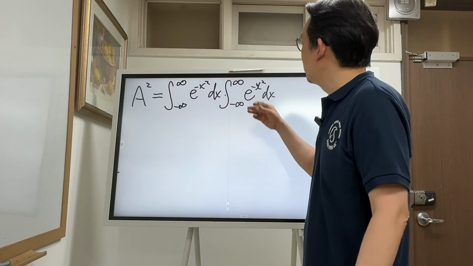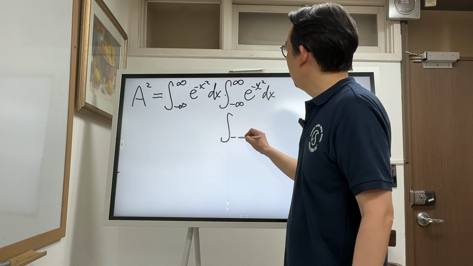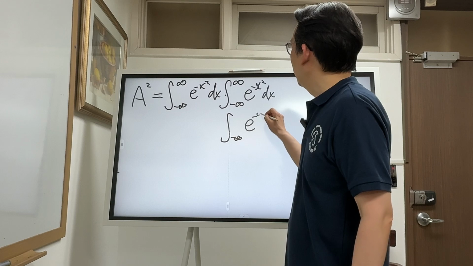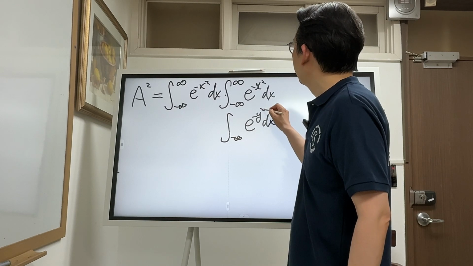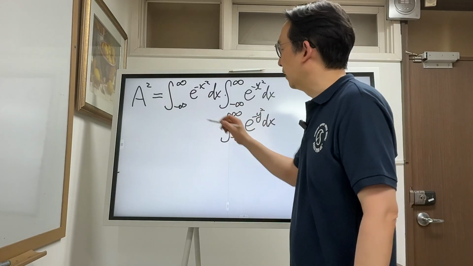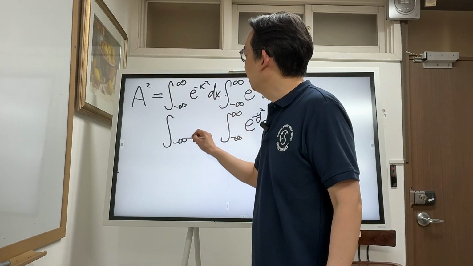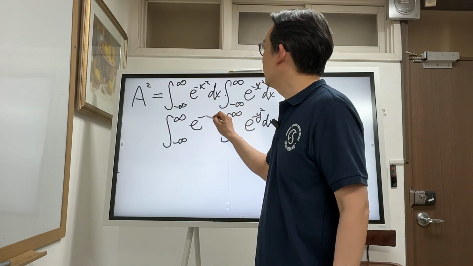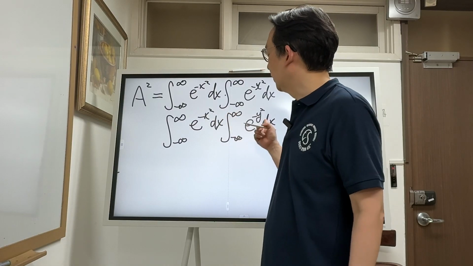So let's switch it to e to the power of minus y squared, to infinity. The dummy variable just changed, and the first term stays the same.